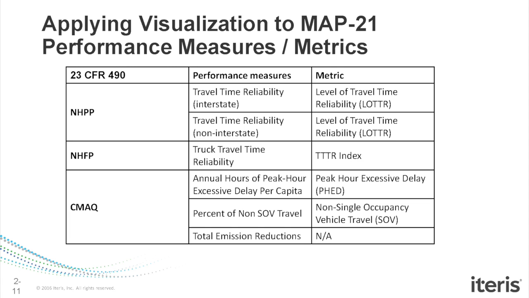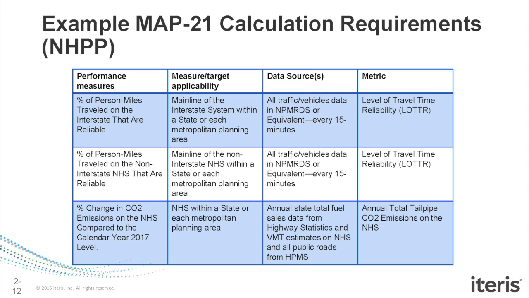So what the system performance P3 rule tells you to do, there are several different sections in the requirements. There are different performance measures: travel time reliability, truck travel time reliability, and annual hours of peak excessive delay, and then there are metrics that you calculate for each of those performance measures.